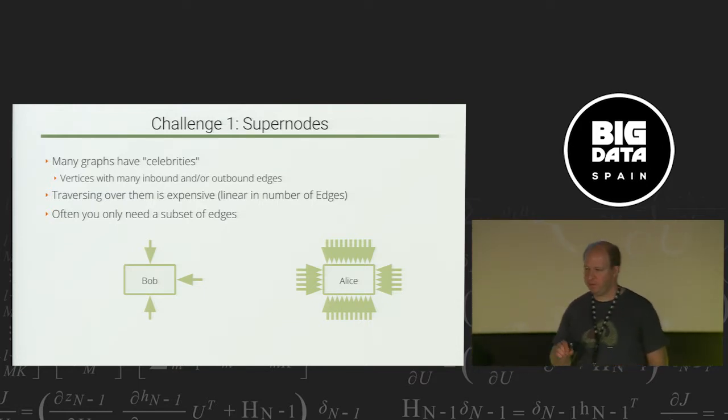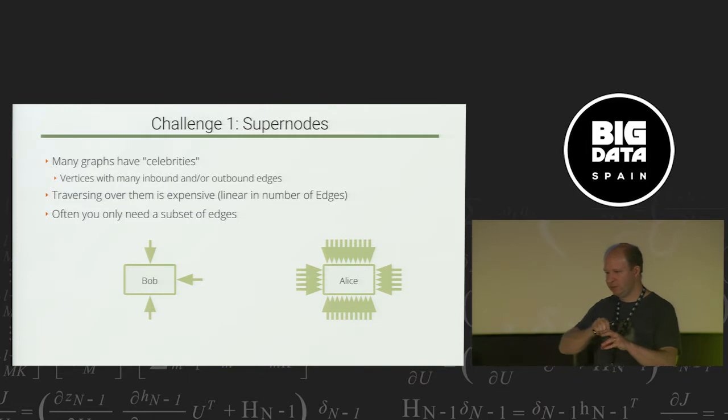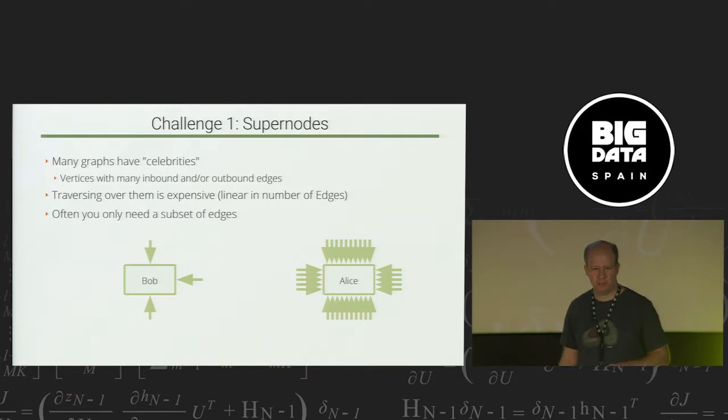If it so happens that we run around in this graph and we stumble on a vertex, maybe as a starting vertex or as a vertex somewhere on the way, where there are a lot of incoming or outgoing edges, say you do Twitter followers and you stumble on a celebrity who has millions of followers, suddenly the algorithms become slow.